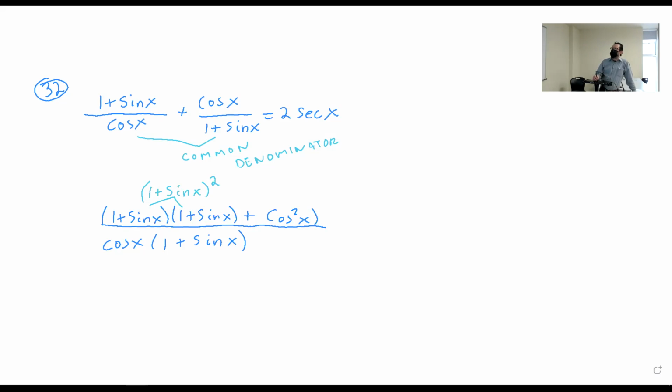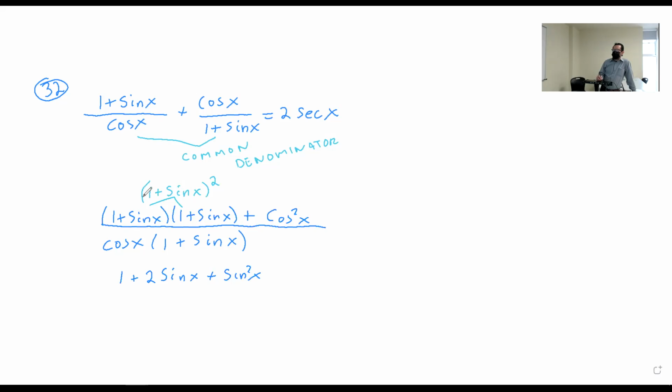So let's do this here. If it's 1 plus sine of x squared, it's going to be 1 plus 2 sine of x plus sine squared of x.